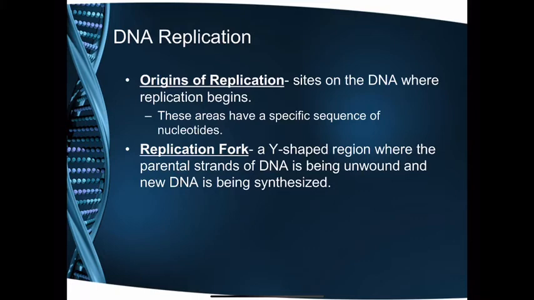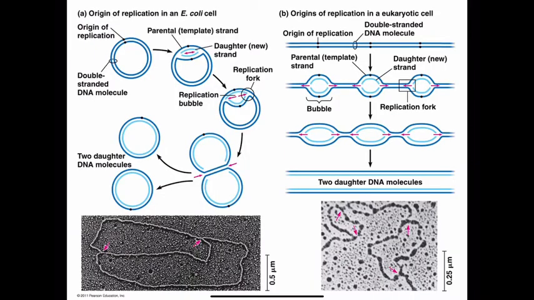And so if we want to replicate the DNA, we have to open up that strand, and that area that's opened up is referred to as the replication fork. Now, where the replication begins, at the spot on the fork where that begins, is known as the origin of replication. And that has a specific area of nucleotides.